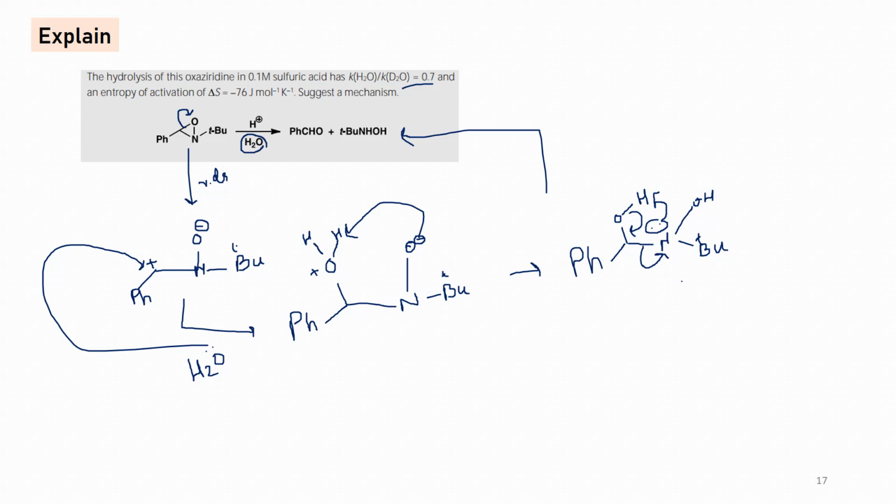Now, how can we explain the secondary kinetic isotope effect in this case? You can see this is our rate determining step. Now, if we substitute this H with the D2O, now the CH bond is getting broken at this step. Here there is a breaking of CD bond, then it will affect the rate of the reaction somewhat, because if it is CH bond, that will be broken by this N lone pair to a greater extent or faster than that of CD bond.